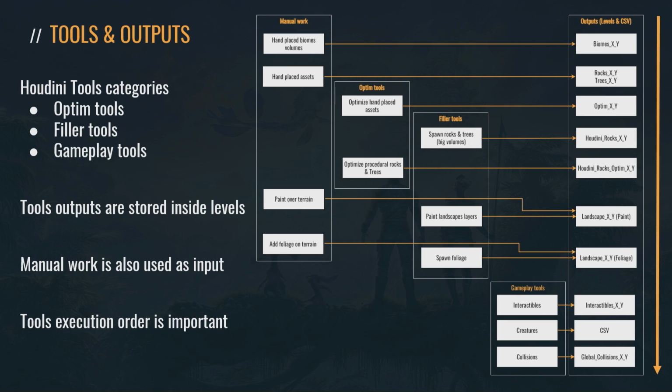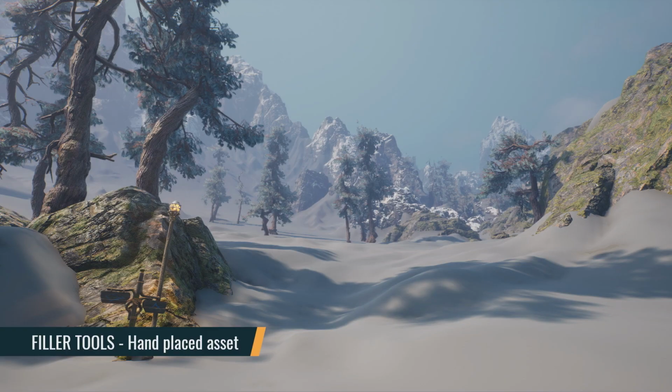For example, if you move an asset by hand and then want to rebuild everything automatically, we first have to launch that optimization tool. Here it's an example, but everything is like that in our pipeline, and you have to read everything from top to bottom. So yeah, that's the idea.